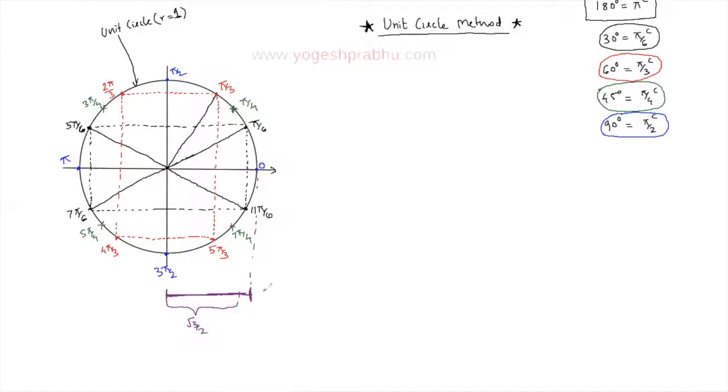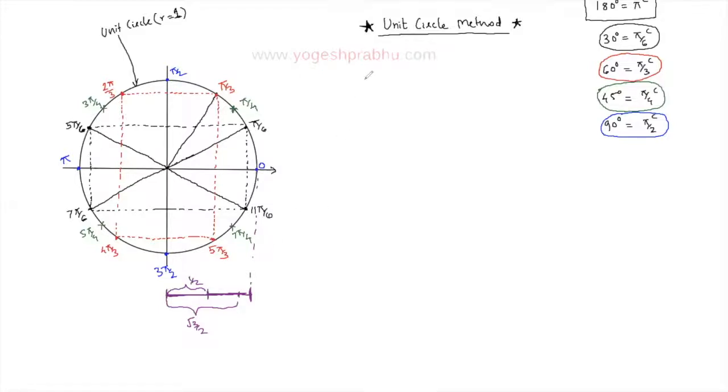If you are going exactly half of this line, then this distance is half. So full is 1, a little short of 1 is root 3 by 2, and exact half is half. You have to really remember this, and in a minute you will be able to answer sine and cos of any angle. I'll just show you how.